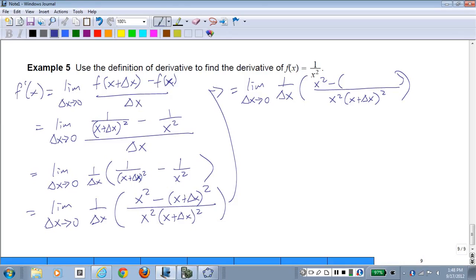When it becomes a trinomial and we lose the exponent right here, we still need parentheses around that trinomial expression that results from that. So we square the x and we get x squared. We take twice the product of the two terms and it's plus 2x delta x, and then we square the delta x.